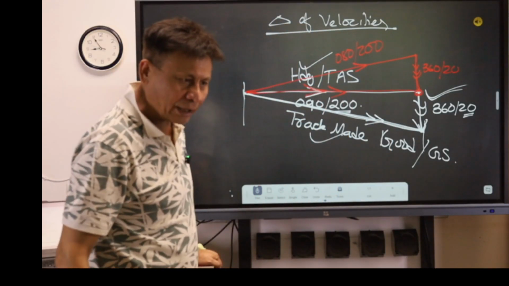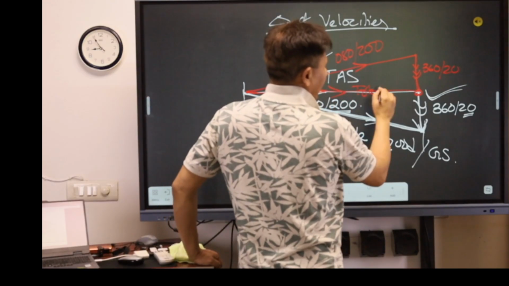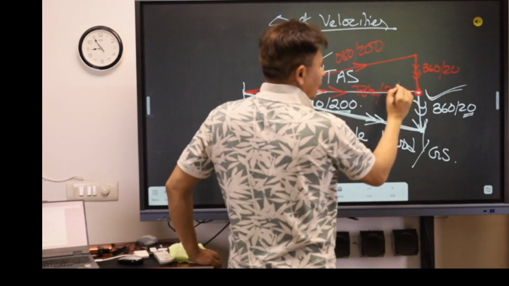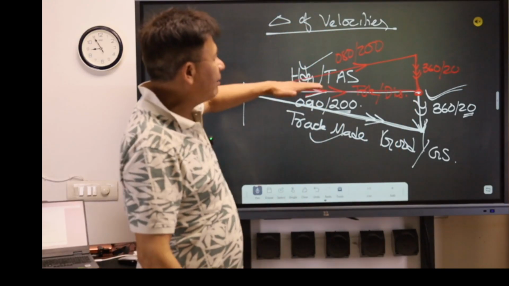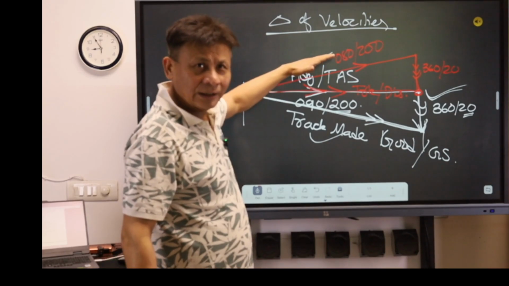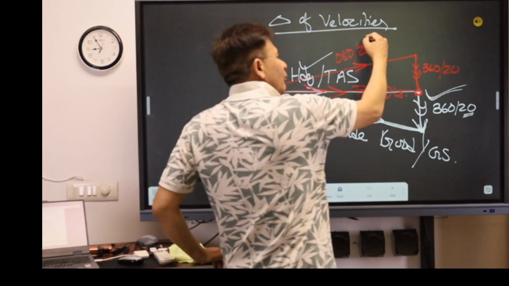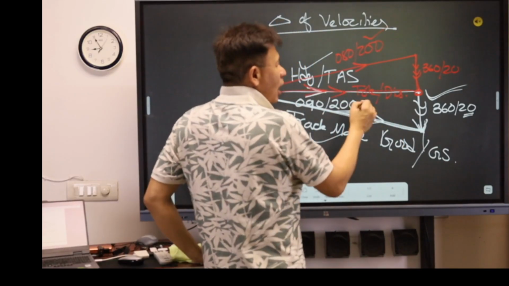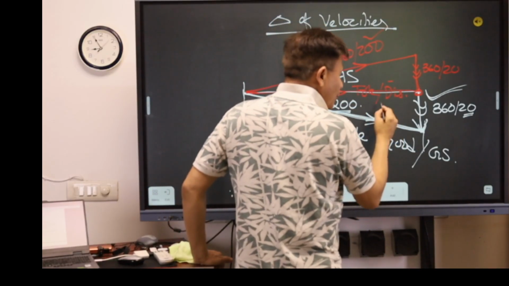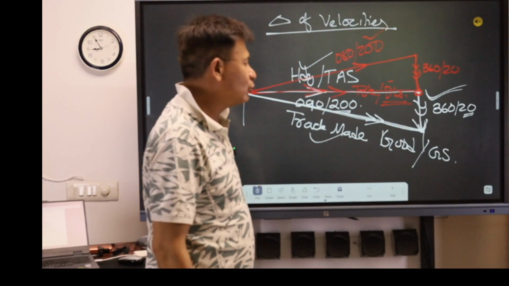I know the track required, and the distance I know. Now my aim is to find out what heading should I steer to go from A to B. And if I am flying with a TAS of 200 knots, how much will be my ground speed, and how much time will I take to travel this distance.